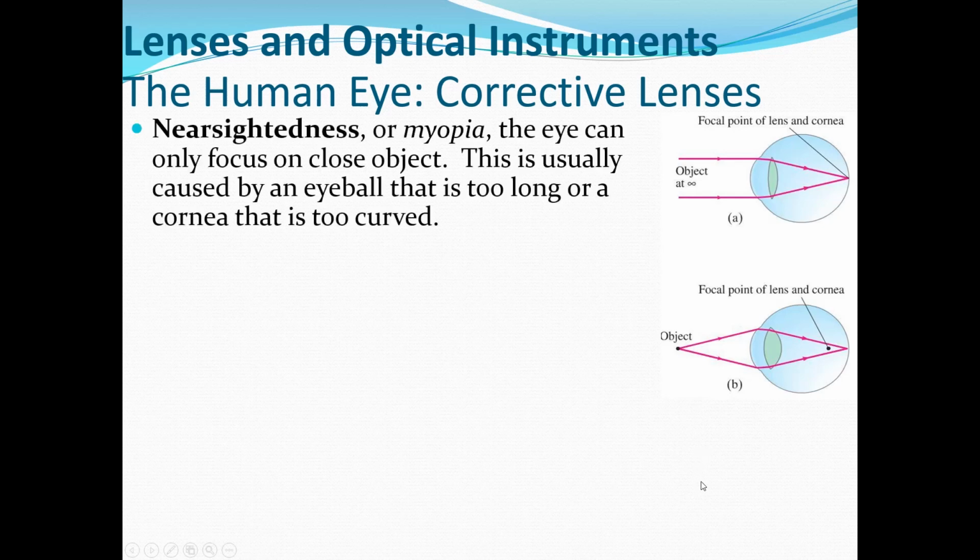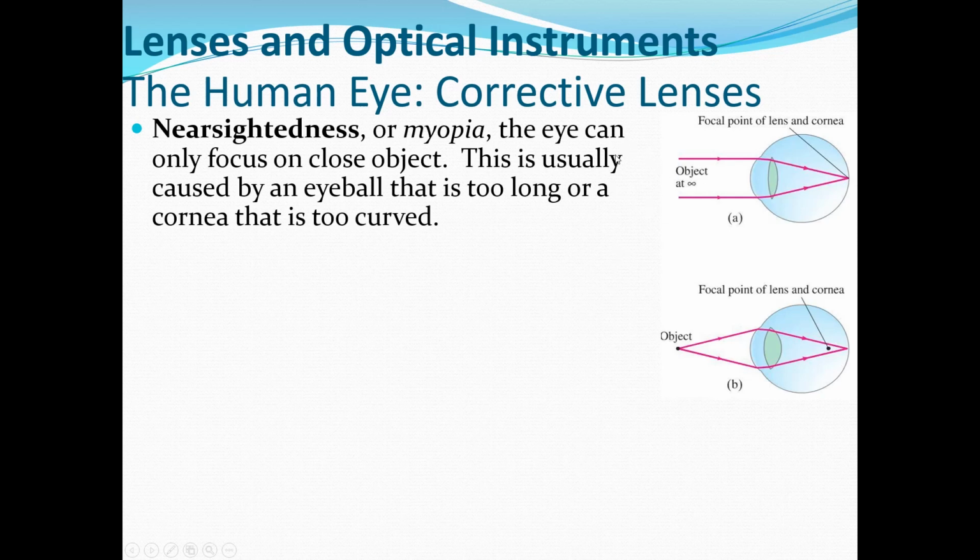All right, so as you know, some people have problems with their eyes. There are three different scenarios. Nearsightedness, or myopia, occurs when the eye is only able to focus on close objects, so you can only see near things. Typically this is caused by the cornea being too curved, or the eyeball being too long.